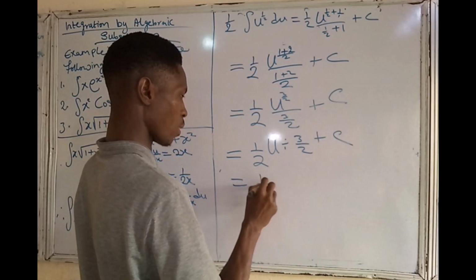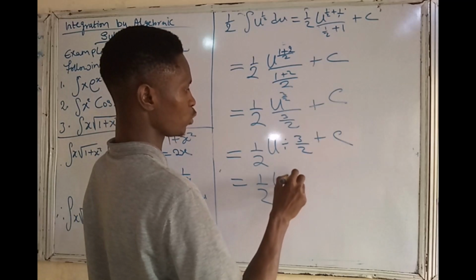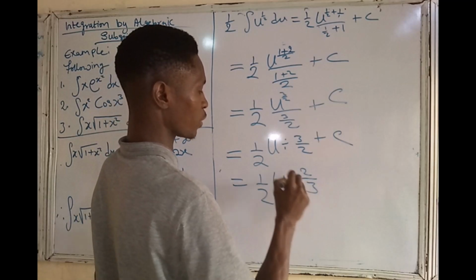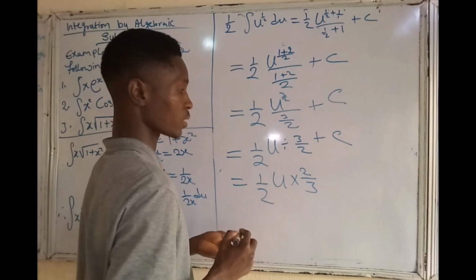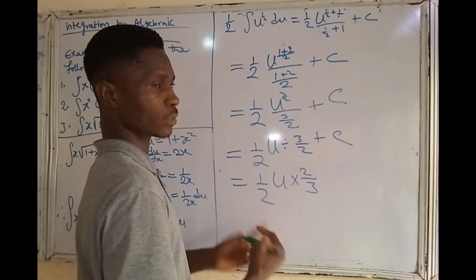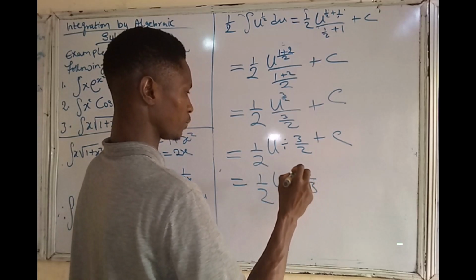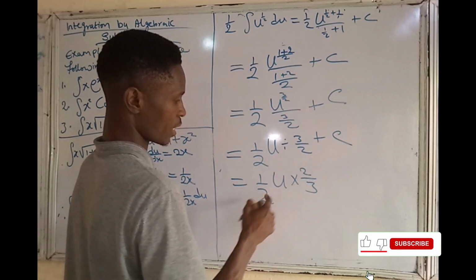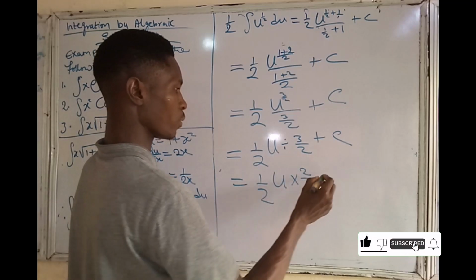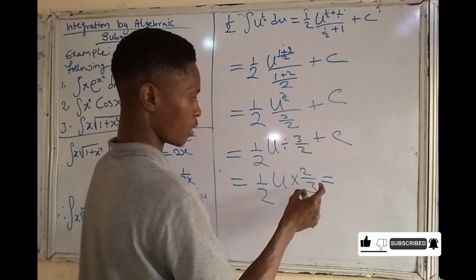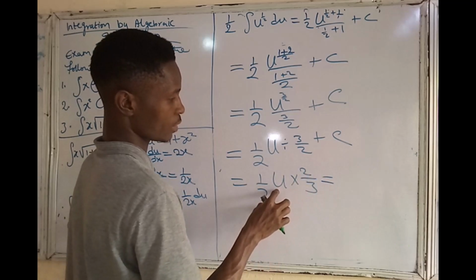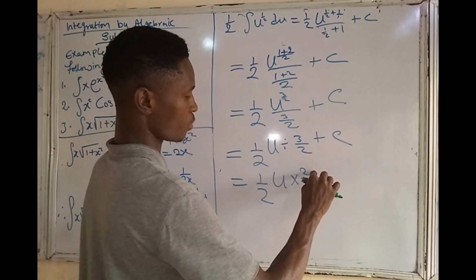So this is equal to half u to the 3 over 2 times 2 over 3. Now, in the previous class, I already explained why it inverts. It's the law of indices. So after inverting this, you discover that 2 comes to this side.